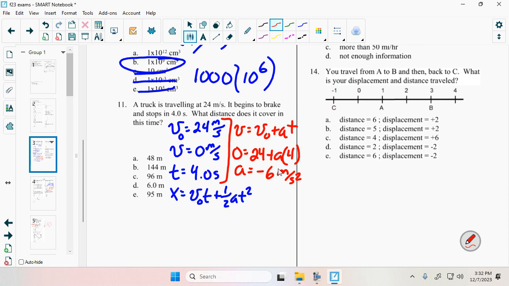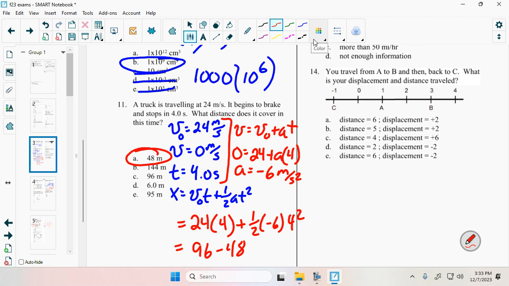It has a positive velocity and it's slowing down. So that should be negative, and it came out to be negative. Now I can take that and determine the distance. That's going to be v naught, which is 24 times 4, plus 1/2 of -6 times 4 squared. 96 minus 48. So A is the right answer. Okay?